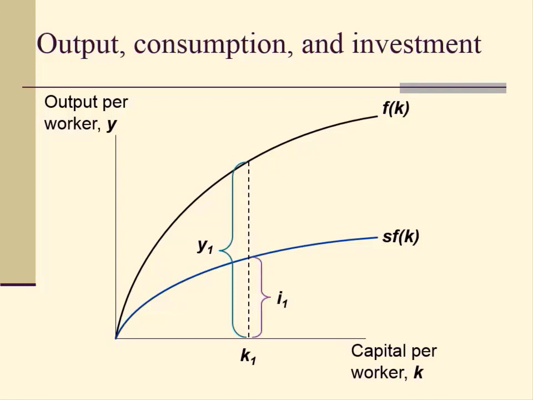That should equal c1 plus I1, where I1 is the vertical distance from the horizontal axis to s times f of k, and the difference between f of k and s times f of k would be the difference between y1 and I1, and that should equal c1, as you see here. So saving turns into investment, that is I equals s times f of k, and the difference between output per worker and investment per worker is the consumption per worker.